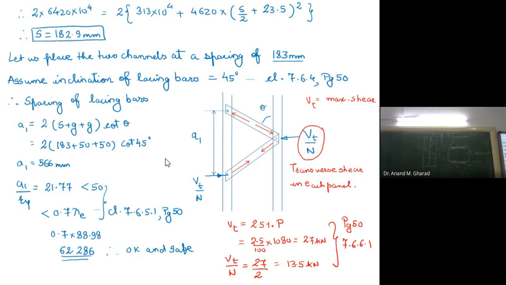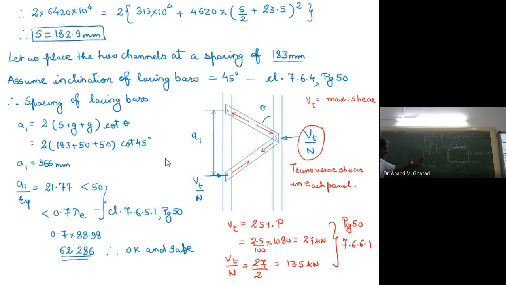Okay, one more thing, just information. What happens if you provide the lacing system along the length of the column? It may happen that some portion at the end of the column may be left as it is. I mean, it won't be possible for us to accommodate one more lacing flat because of the height or length constraint.